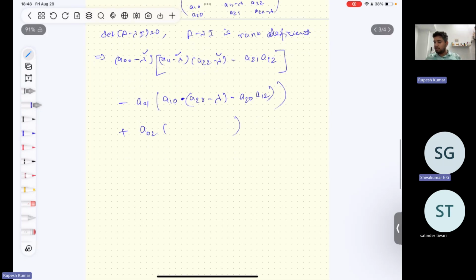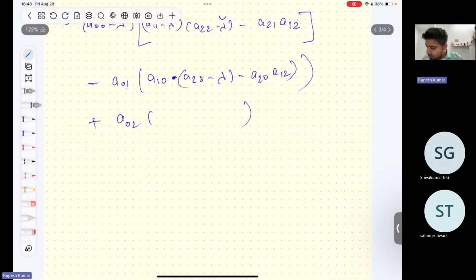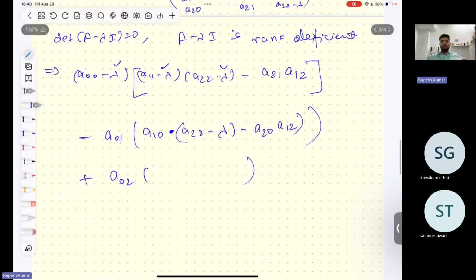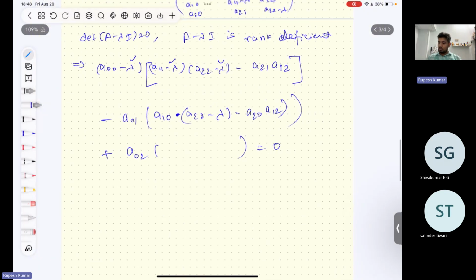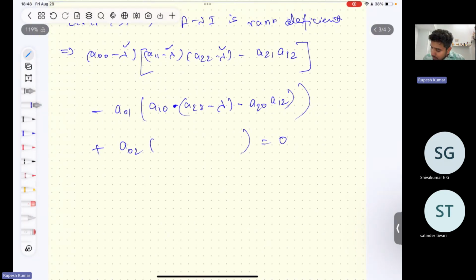When you look at this product, you will see that this will give you a single equation in one variable, lambda, and this will be a degree 3 polynomial. When you expand this and set it equal to 0, you will see that this is a degree 3 polynomial in lambda, right?